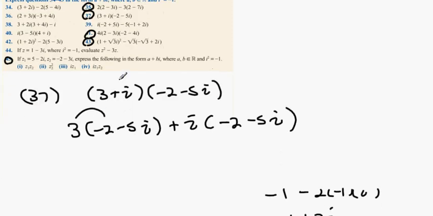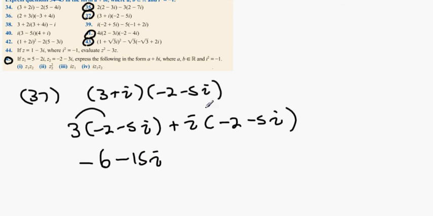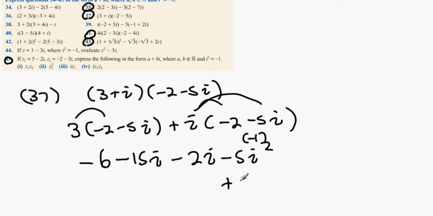Then multiply it out. 3 times −2 gives you −6. 3 times −5i is −15i. i times −2 is −2i. i times −5i is going to be −5i². Remember, the i² represents −1. −5 times −1 is plus 5.